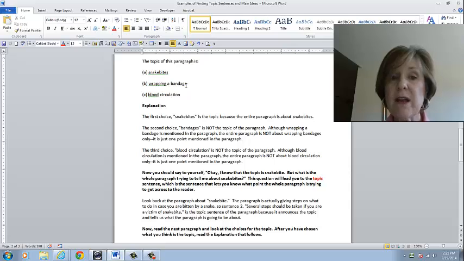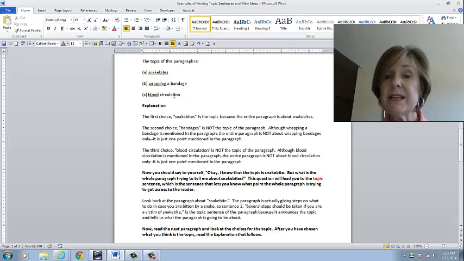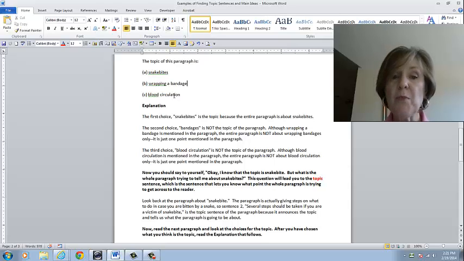The third choice, blood circulation, is not the topic of the entire paragraph. Although blood circulation is mentioned in the paragraph, the entire paragraph is not about blood circulation only. It's just one point mentioned in the paragraph. So let's look back at the paragraph about snake bites.